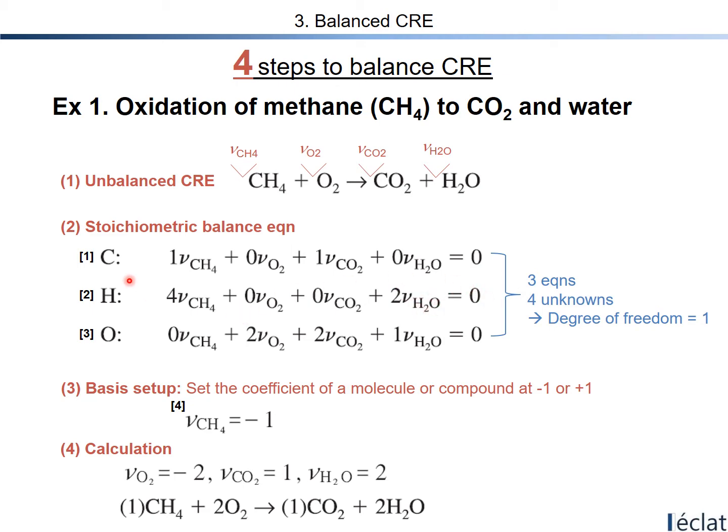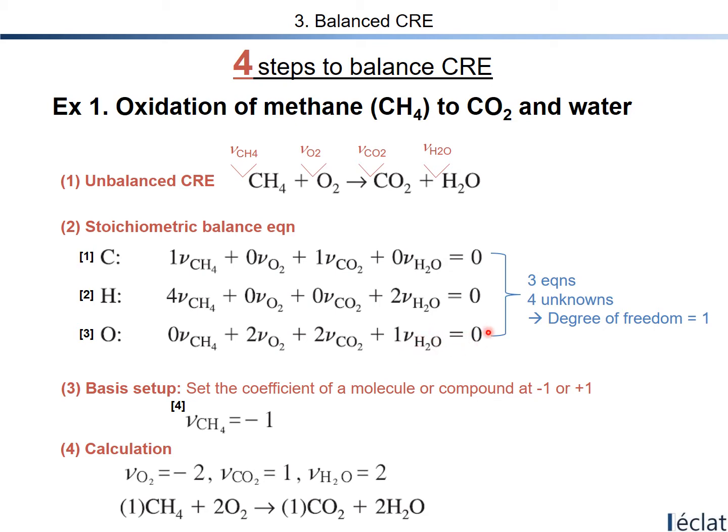Let's go to the oxygen, the last element used in this chemical reaction equation. So 0 oxygen in the first one with the coefficient, 2 oxygen with the stoichiometric coefficient, and 2 oxygen with the CO2 coefficient, and 1 oxygen with the H2O coefficient should be 0.